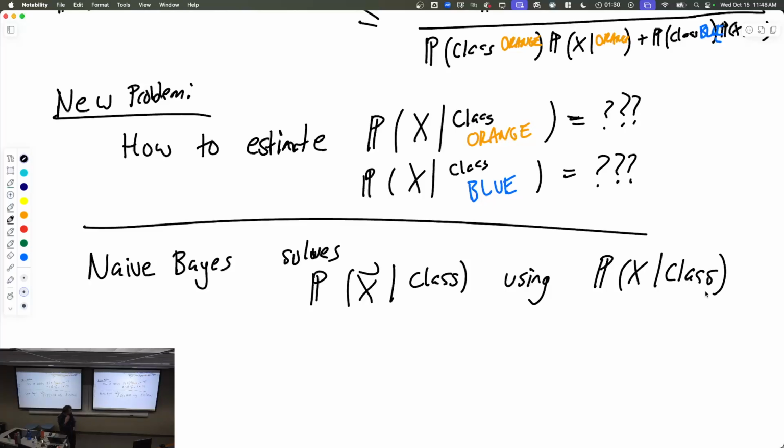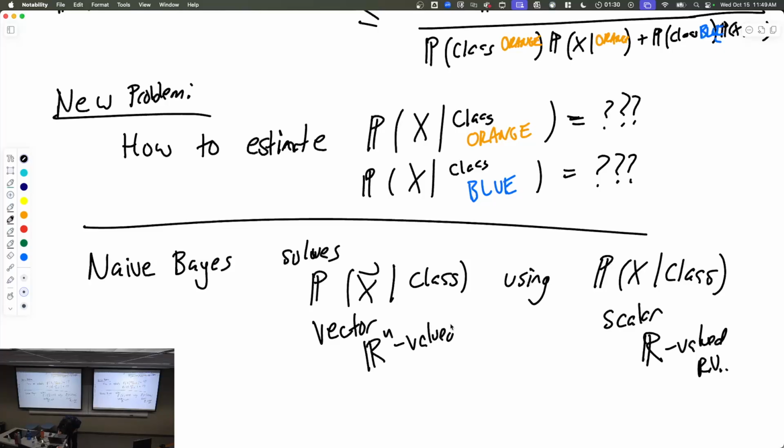In other words, the naive Bayes method is a method to estimate the probability density of vectors and multi-dimensional things if you know how to solve the probability of just a single scalar component. Maybe I should write what these are. This is a scalar, also known as an R-valued random variable. And this one is a vector, an R to the n valued random variable.